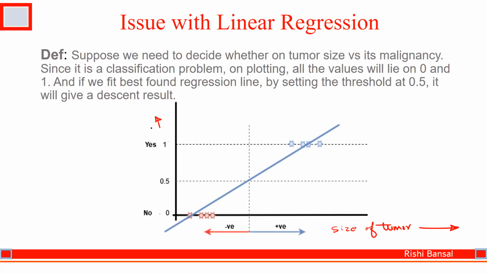It says that if it is more than 0.5 probability, then it is malignant, which means your tumor is dangerous, and below 0.5 it is not dangerous.